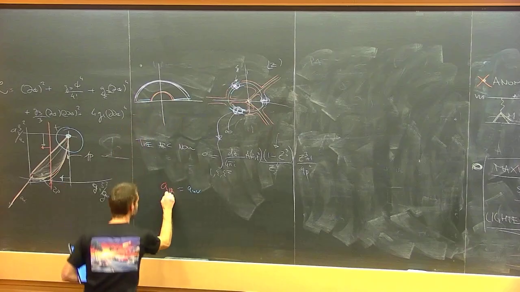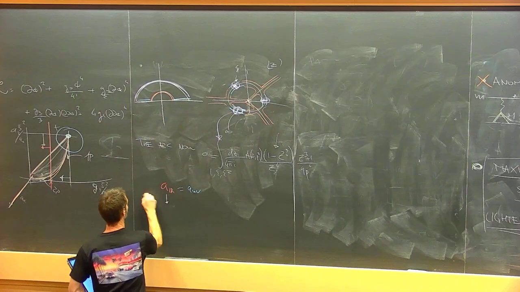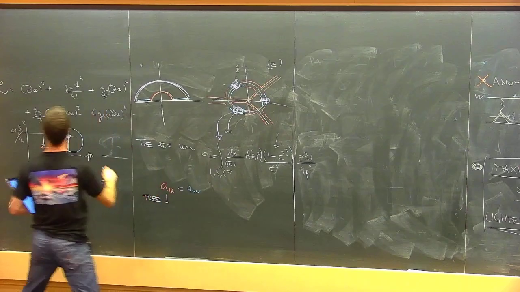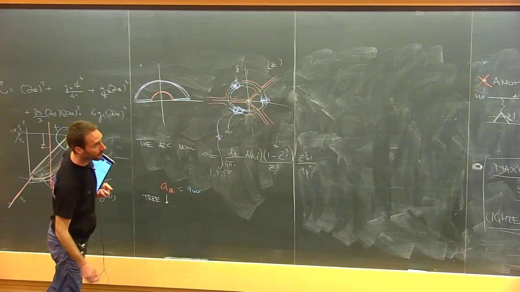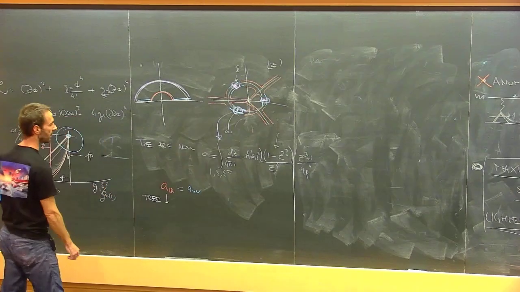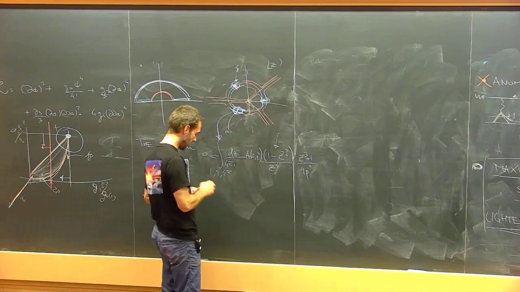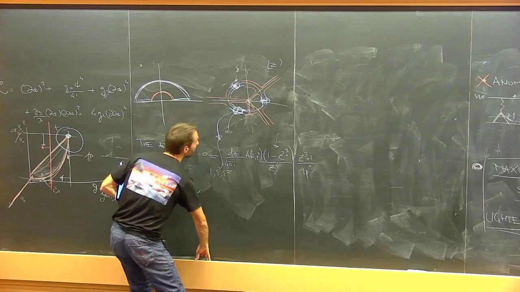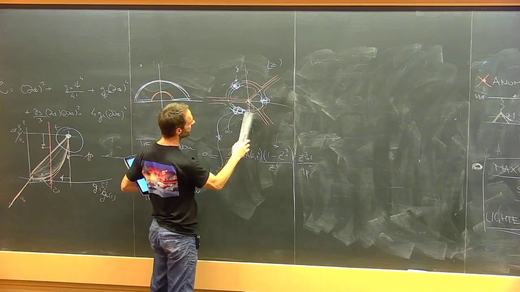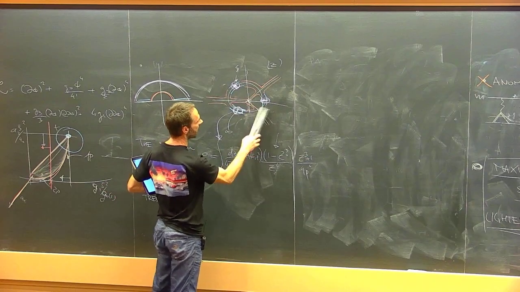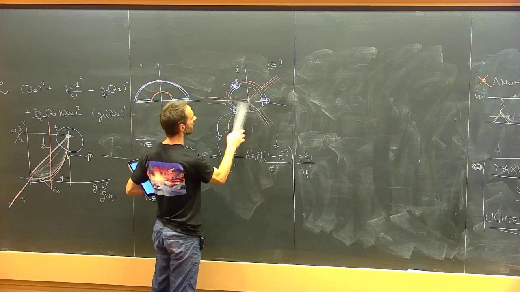Now, the IR at tree level, when we insert the amplitude that we computed before, means that you don't have the non-analyticity. All the red here is disappearing, right?